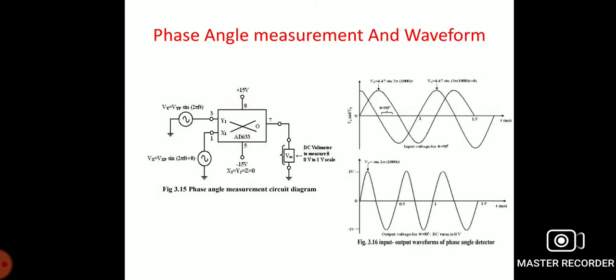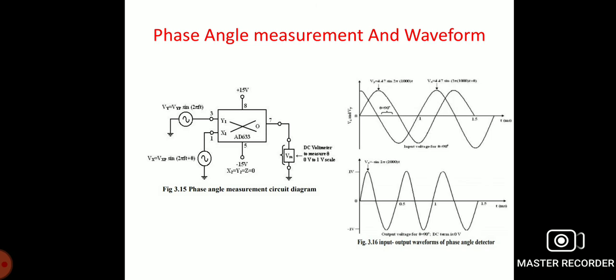So this is the phase angle measurement and waveform, where Vx and Vy, with different phase angles, are the peak voltage amplitudes of the signals, thus the DC output V0 depends upon the factor of cos theta.